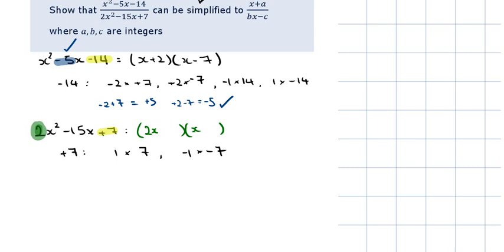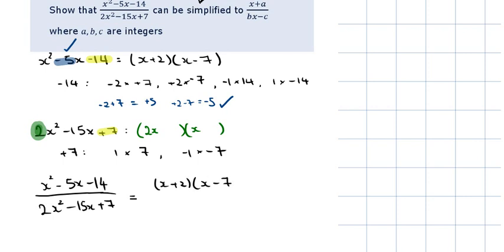Because you realize that x squared minus 5x minus 14 over 2x squared minus 15x plus 7 is going to equal x plus 2 and x minus 7 over 2x something plus or minus something, multiplied by x plus or minus something.